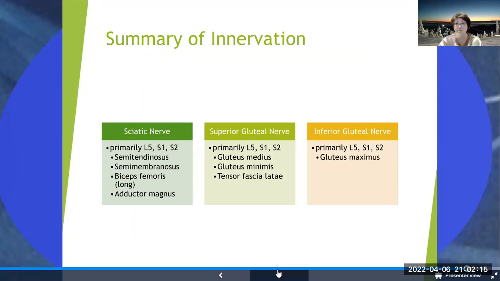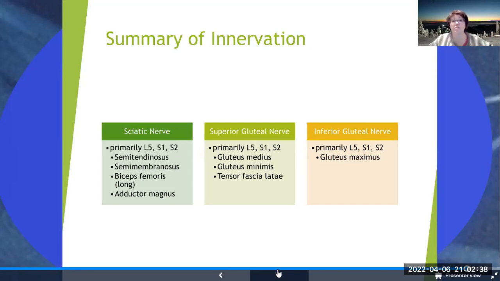And we'll talk about the muscles in detail: origin, insertion, action, and innervation. The superior gluteal nerve, if you think about it, if you put your hands on your iliac crest, which is where the gluteus medius originates, it is a little bit higher than the gluteus maximus, so superior gluteal nerve.